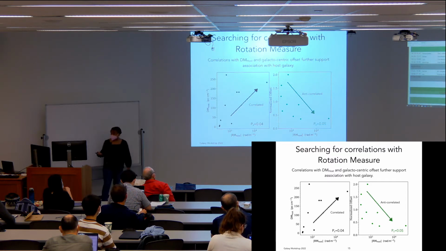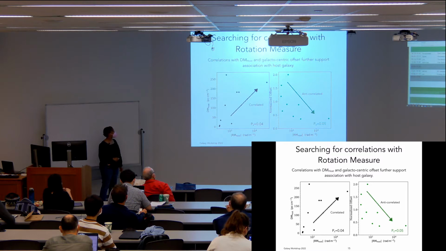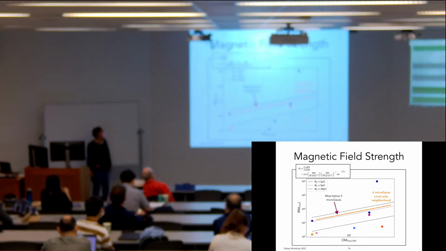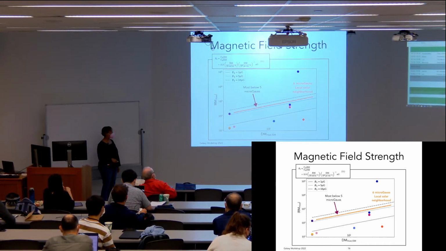Yeah. And I guess a little bit of context for the DM host estimate here. We use what's predicted by the McCourt relation, which I showed, that DM-Z relation, prior. So here we're looking at rotation measure as a function of, or compared to, DM host.